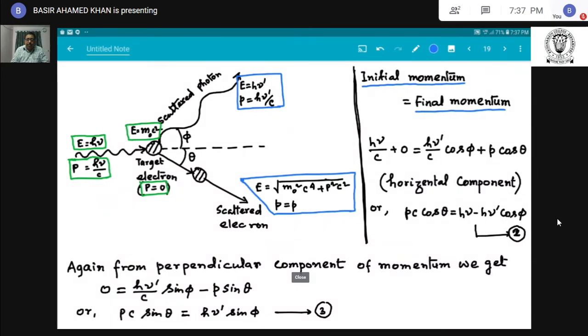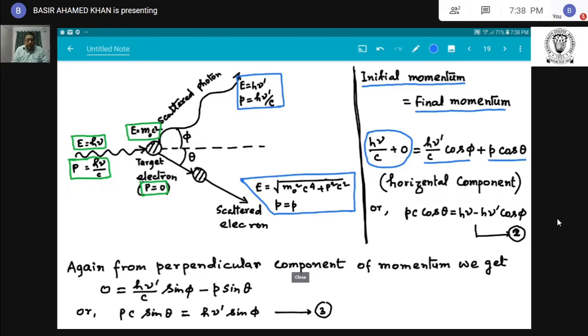Initial momentum, horizontal component: before collision the incident photon momentum equals h nu by c, and electron momentum equals 0. That means before collision, photon momentum plus electron momentum equals h nu by c plus 0. This is equal to h nu prime by c cos phi plus p cos theta.